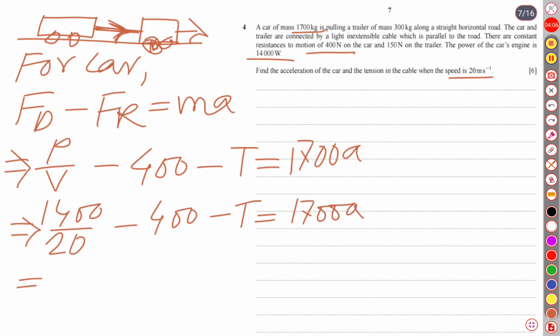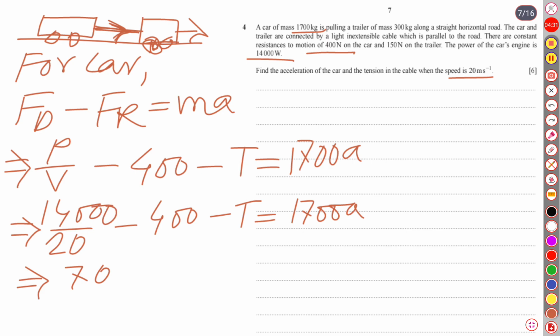They have told us to find acceleration, so we are going to make T as subject. Let's divide 14,000 by 20. Sorry, there will be one more zero.